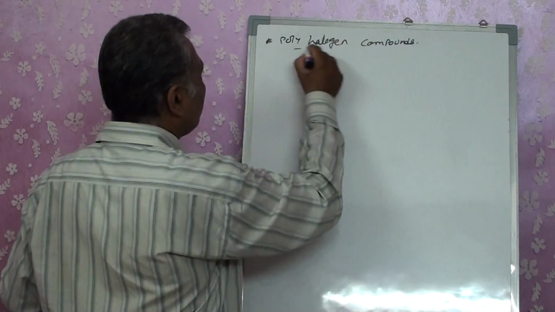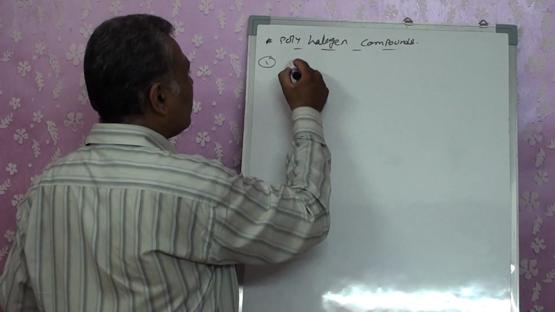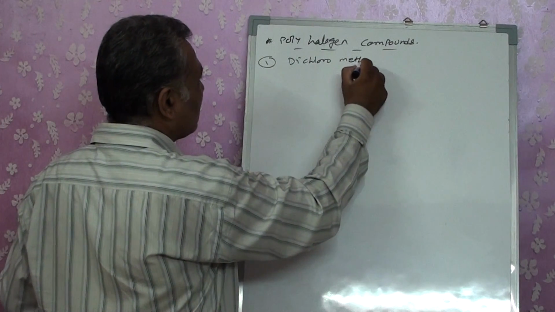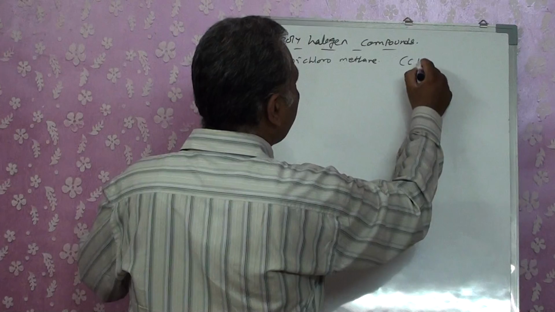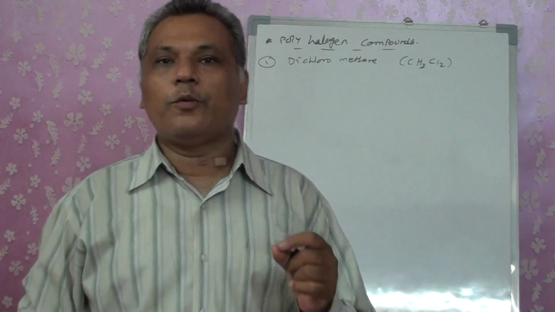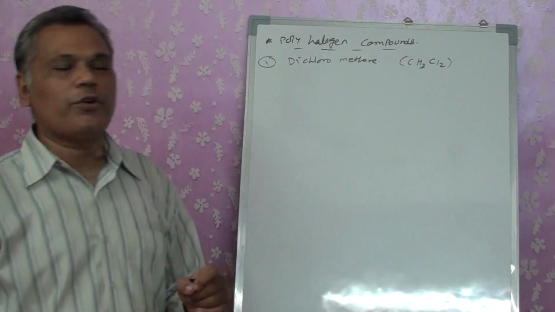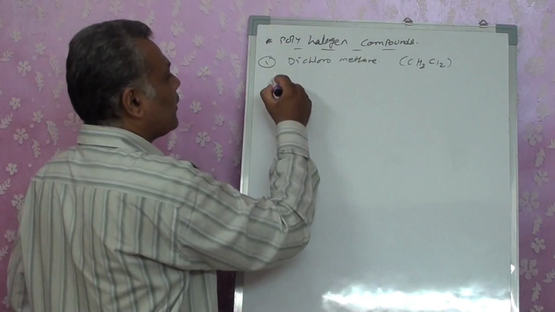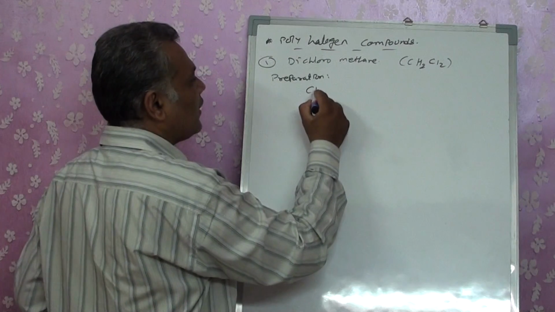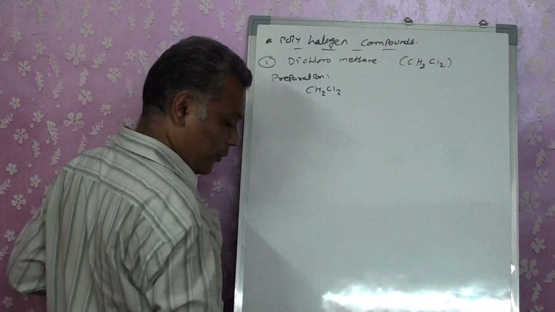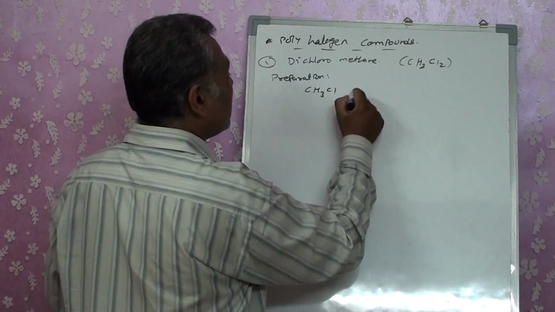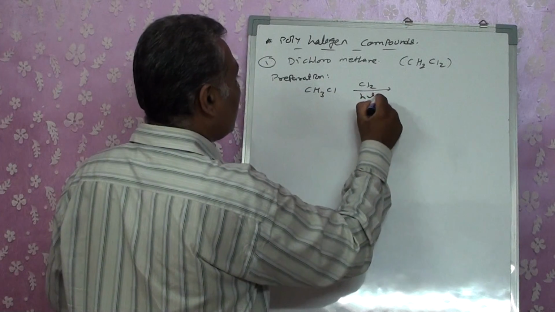Now for the polyhalide compounds, the first one we are given is dichloromethane. Dichloromethane is CH2Cl2. The first point is how to prepare it. For the preparation, we take CH3Cl, chlorination in presence of sunlight.